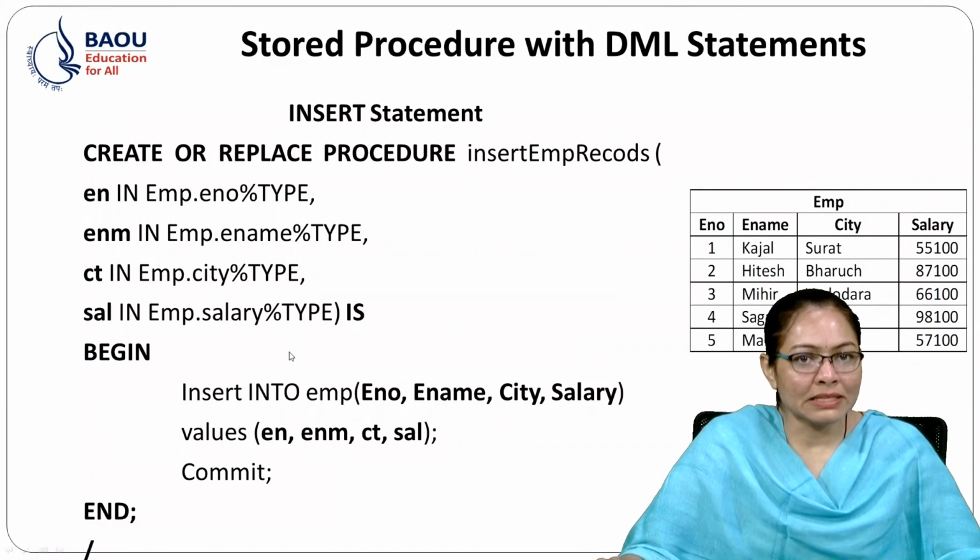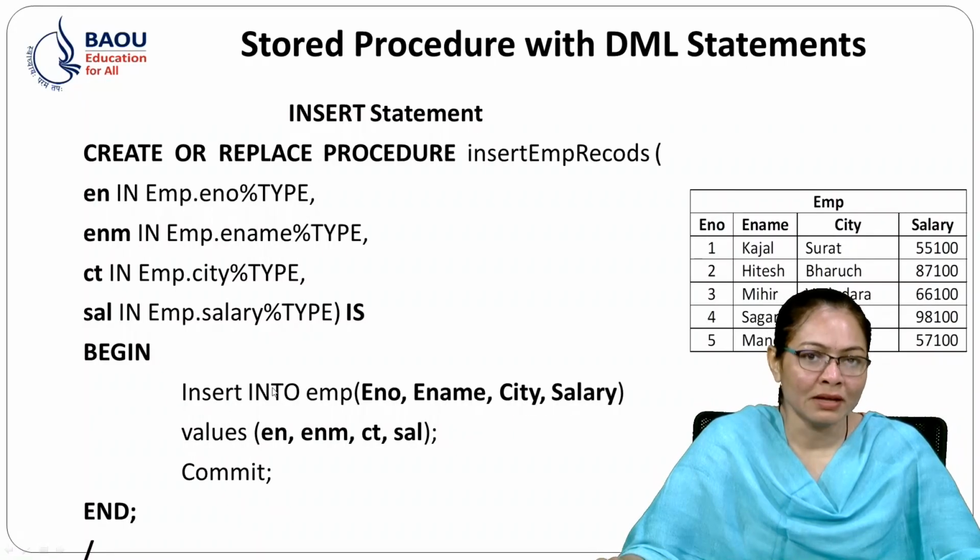So these four variables accept the value from the outside calling procedure and insert it into the employee table using the insert command. When it compiles successfully, it displays procedure created. The first time we write and execute this procedure, if there is no error, it will display procedure created.